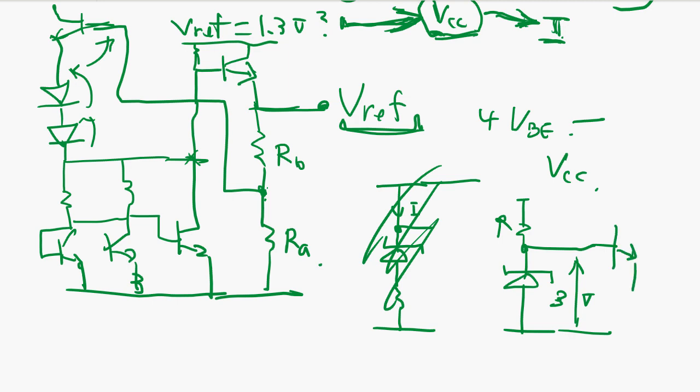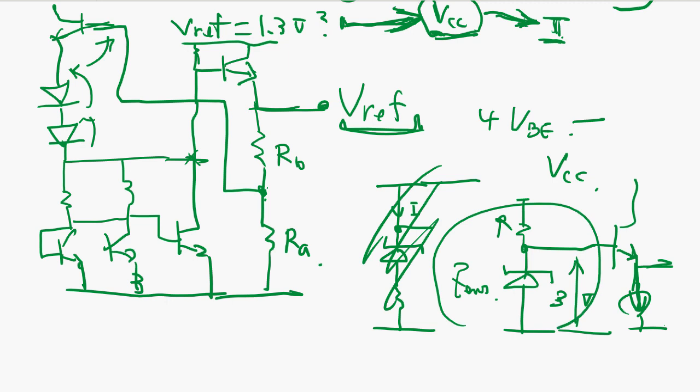But in order to have a fan out, usually you use an emitter output for this one. So the Zener diode, you can combine this with this. Instead of here, we put the Zener diode here. Okay.